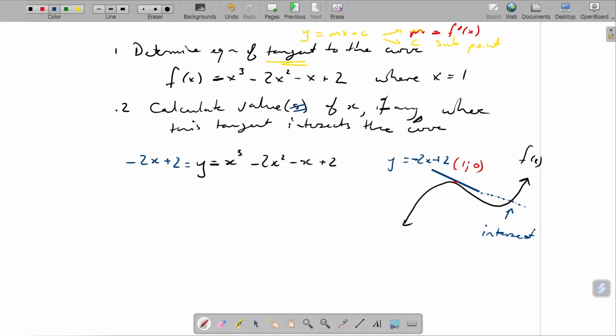So again, I'm going to use my traditional method of solving an equation. I'm going to get everything equal to naught. So I'm going to get x cubed minus 2x squared.